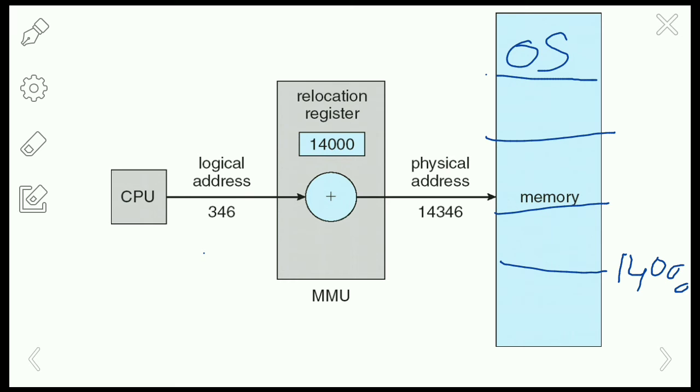So the CPU is generating a logical address, that is 346, and in the relocation register the address is given as 14,000. According to relocatable address, it is an address that is to be adjusted to reflect the actual place in the main memory, right?